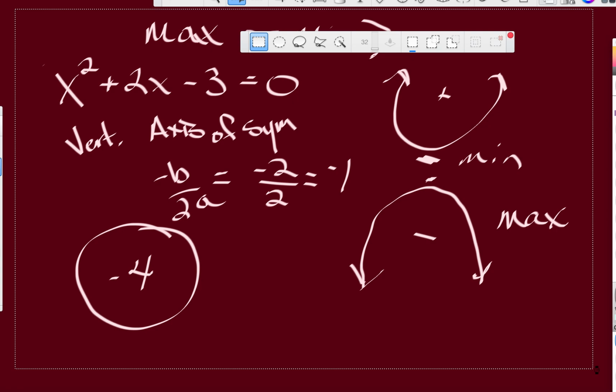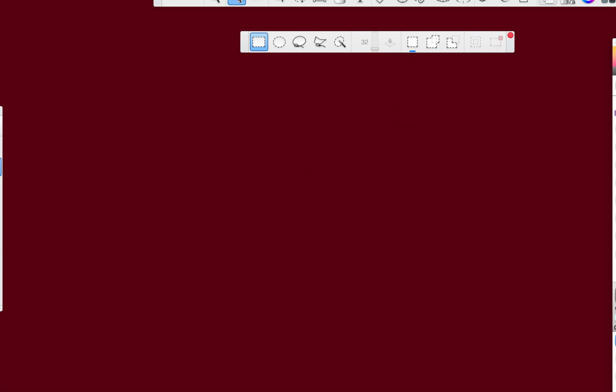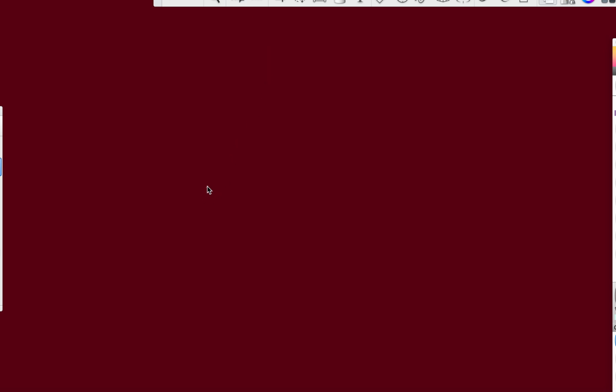All right. And last but certainly not least, last problem, we want to simplify a complex number. And what I want to do is 3 minus 4i over 5i. Right?